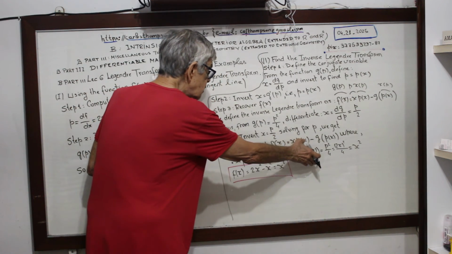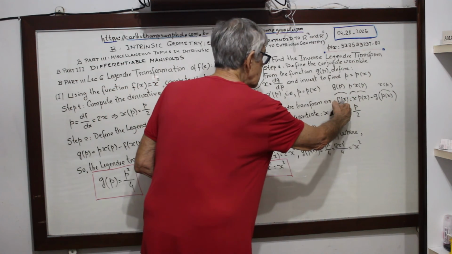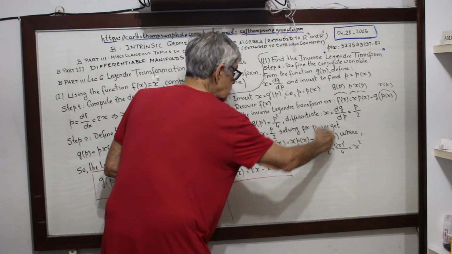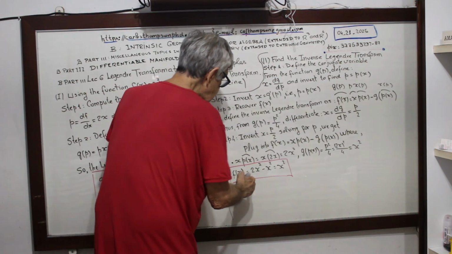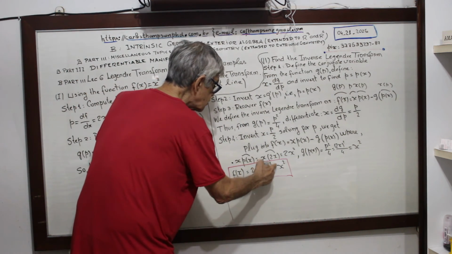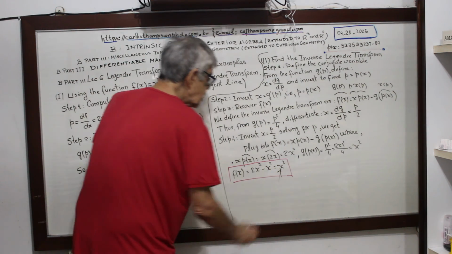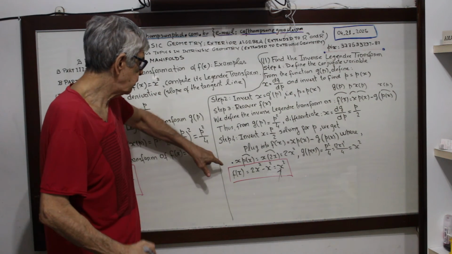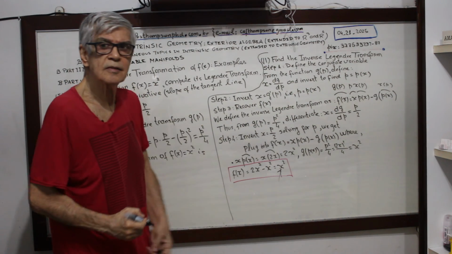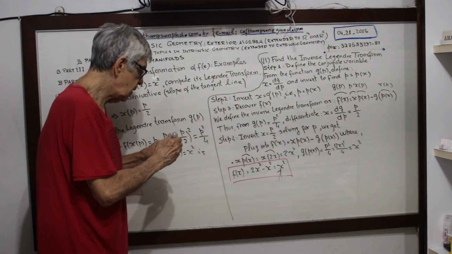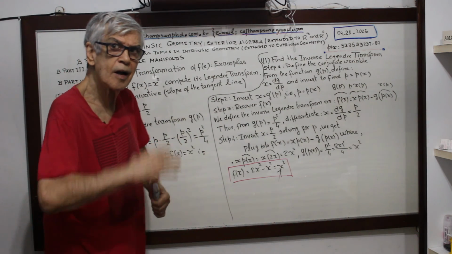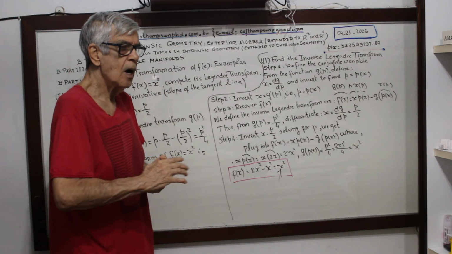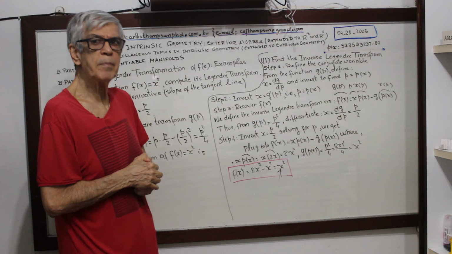Now we plug this in here, on f of x, and this leads to 2x squared minus x squared, which is x squared. So I recovered f of x.